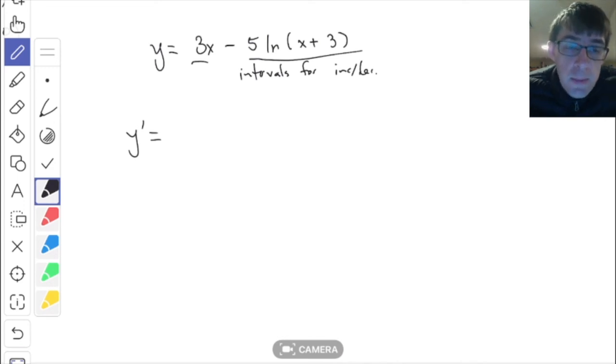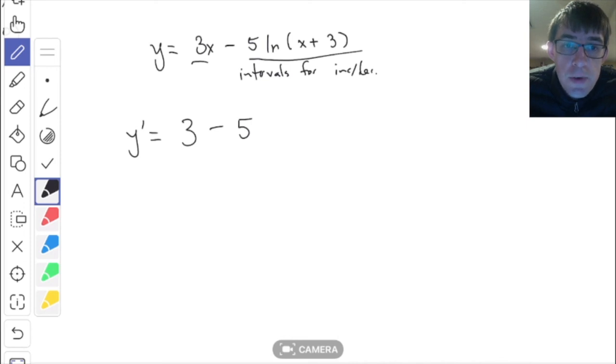So I begin by finding the derivative of 3x, and that is, somebody shout it out. 3, yes, thank you, shouter, whoever that was. And then, now the log part. Well, first of all, I have minus 5 in front. That's a coefficient in front of the log, and so it will remain as a coefficient in front of the answer, because when you have a coefficient and you take the derivative, it just stays as a coefficient.